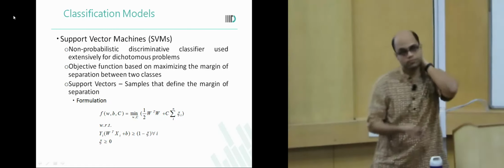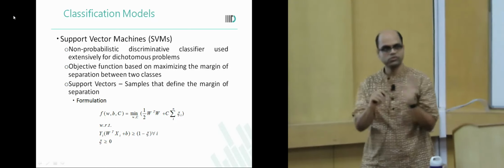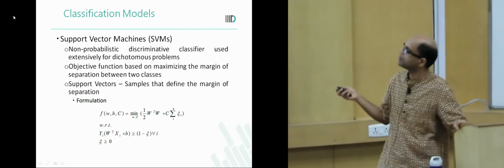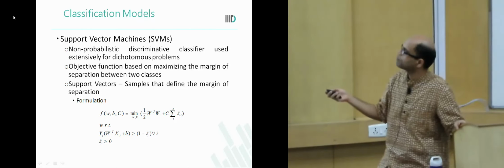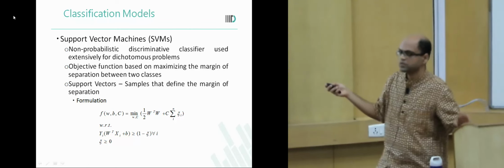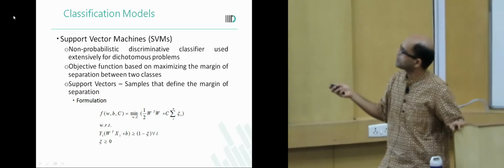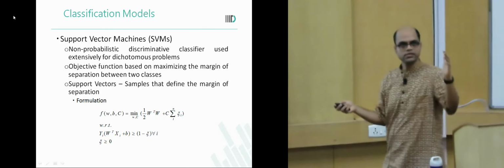Now, I guess most of you nowadays know all these terms, but just so that everybody understands this, very simply speaking, this is one type of classifier which is non-probabilistic, which means it gives a definite answer whether you are in A class or B class, and it is used for problems which have two classes, right?